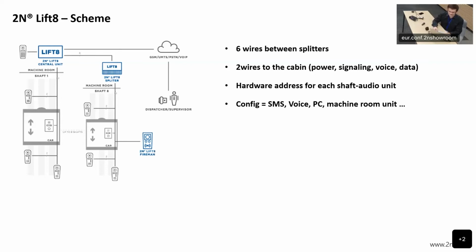There is no other IP connectivity in the cabin, so you can directly use the infrastructure of the building, but from the machine room unit. That's, let's say, a hybrid solution for the IP.